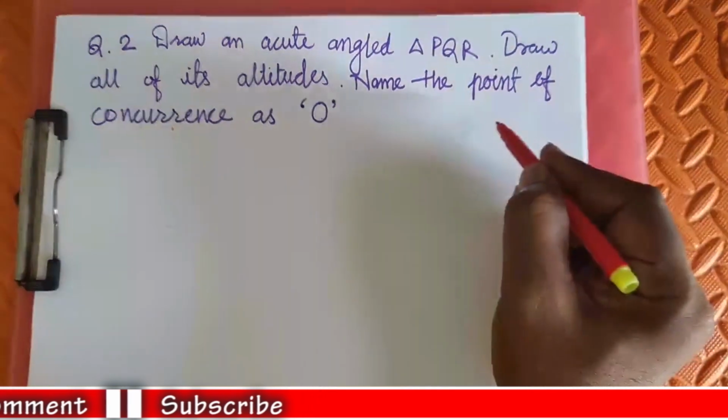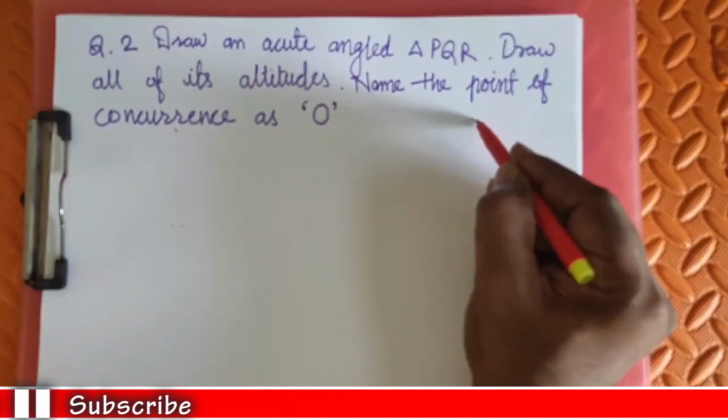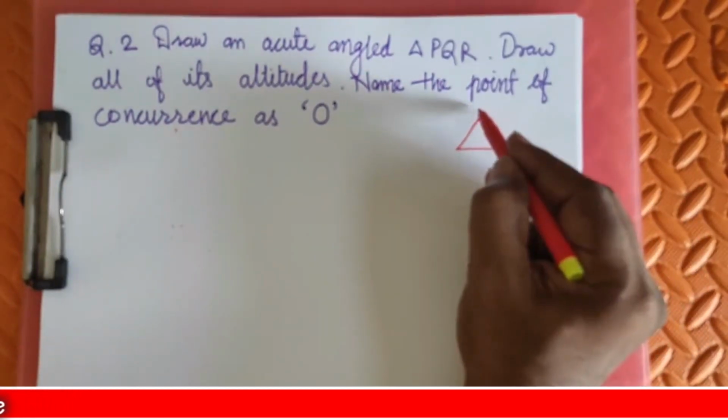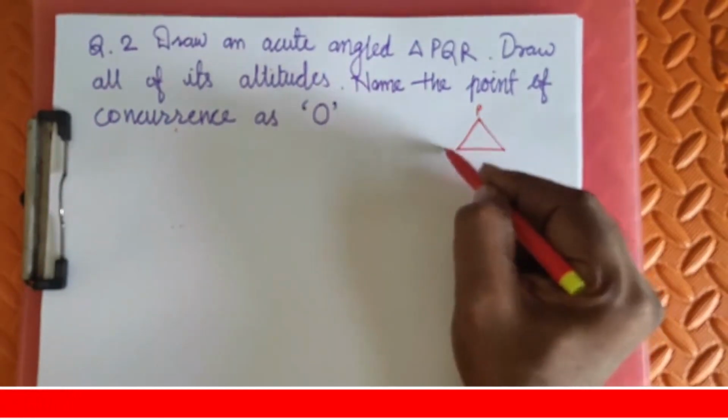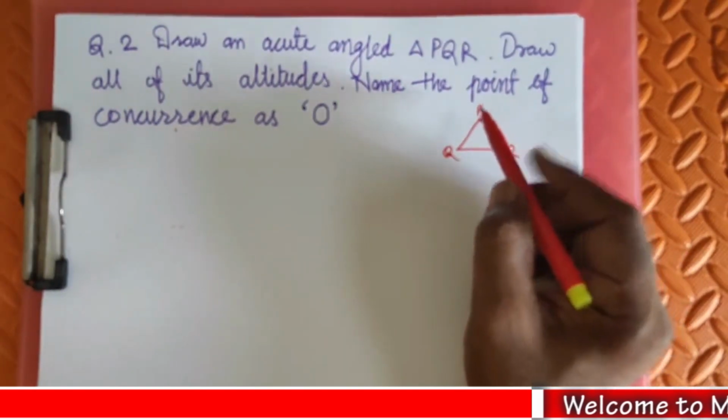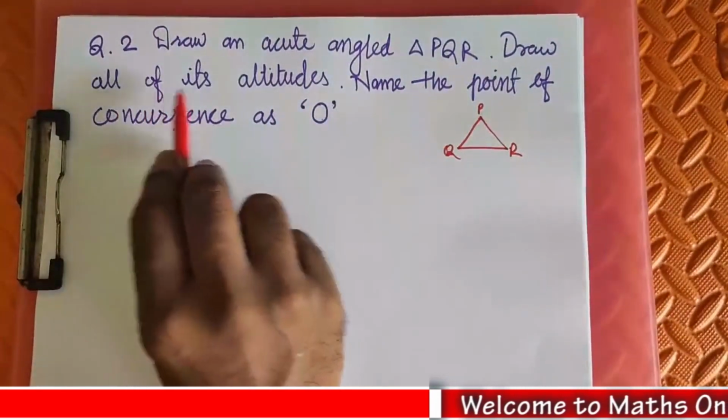Draw one rough figure. This is acute angle triangle PQR. We have to draw all of its altitudes.